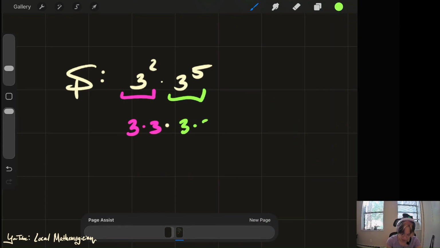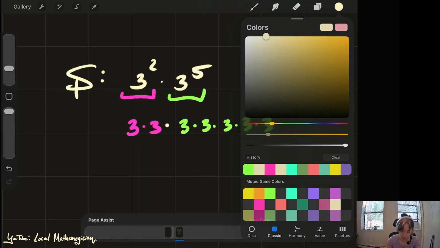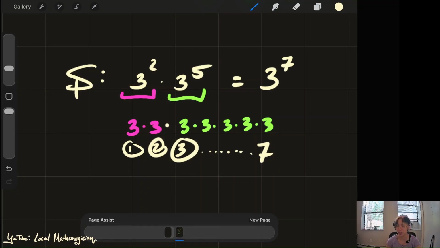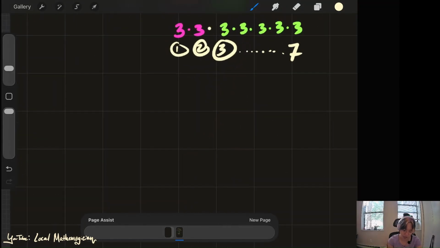So 1, 2, 3, 4, 5, right? And we're going to count. There's 1 of them, 2 of them, 3 of them, 7 of them. Which means we know that this is going to be 3 to the 7th. Okay? Capiche? Okay. And so this gives us the second property.